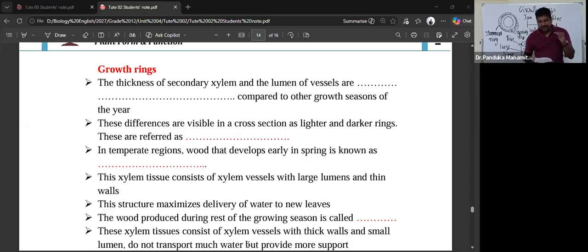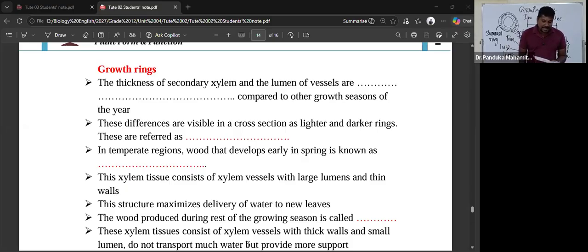These differences are visible in a cross section as lighter and darker rings. So in a cross section, you can see these as lighter and darker rings. These are referred to as growth rings.